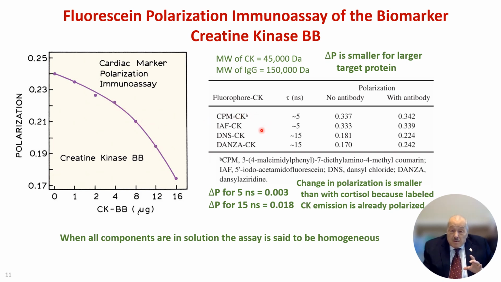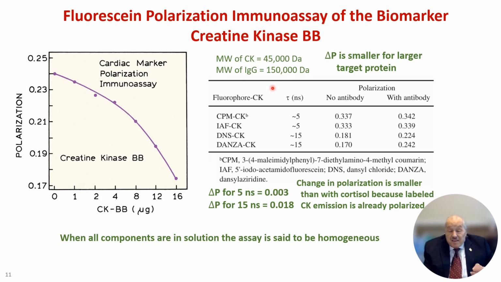The important thing here is you have to look very closely to notice this. But first off, because the marker that you're looking for, the creatinine kinase, is larger to begin with, we're going to get a smaller change in molecular weight. So when the labeled creatinine kinase binds, it already has a relatively large molecular weight and has a good amount of polarization.